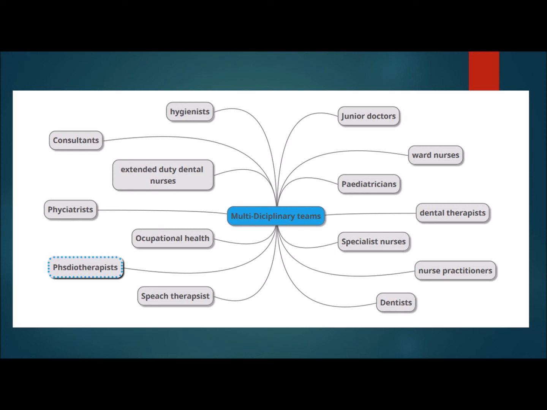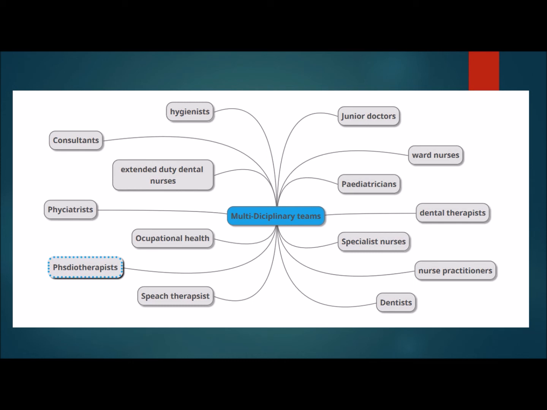The GP had noticed it, the school had noticed that she was absent, the social worker had been aware that there were issues, but they hadn't all come together. In the end, that child suffered considerably and actually died as a result of lack of communication. So multidisciplinary teams and everybody getting together and working together is really important to promote the best possible outcomes for patients.